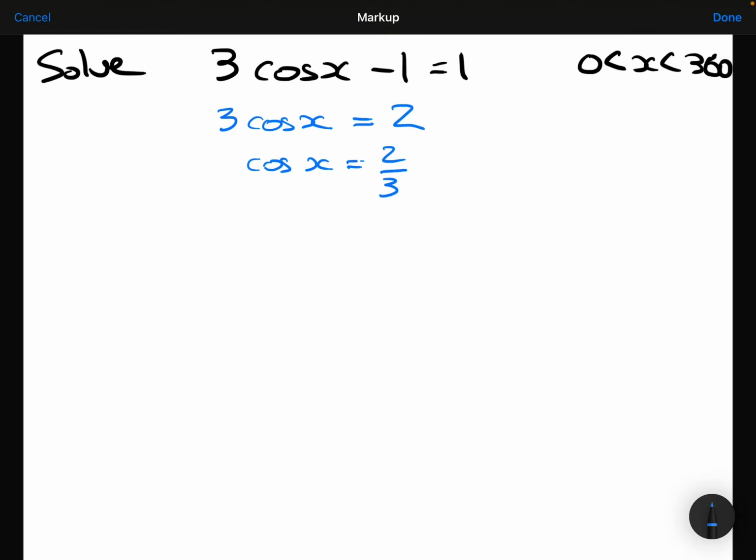So I can now do cos inverse to work out my answer. So cos inverse of 2/3, I get 48.19 degrees to 2 decimal places.